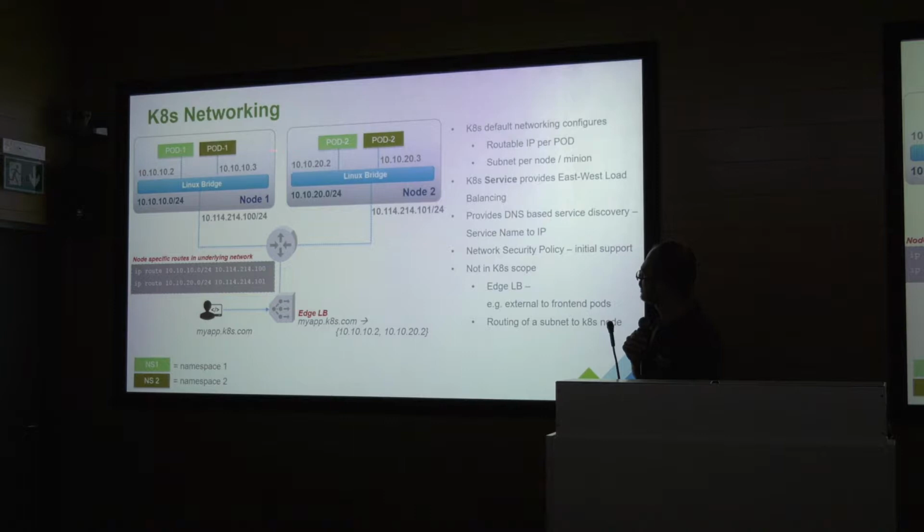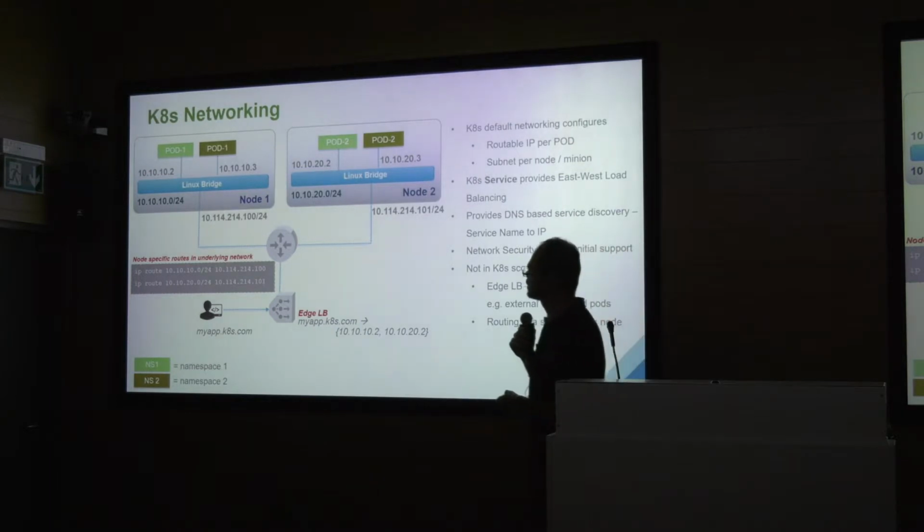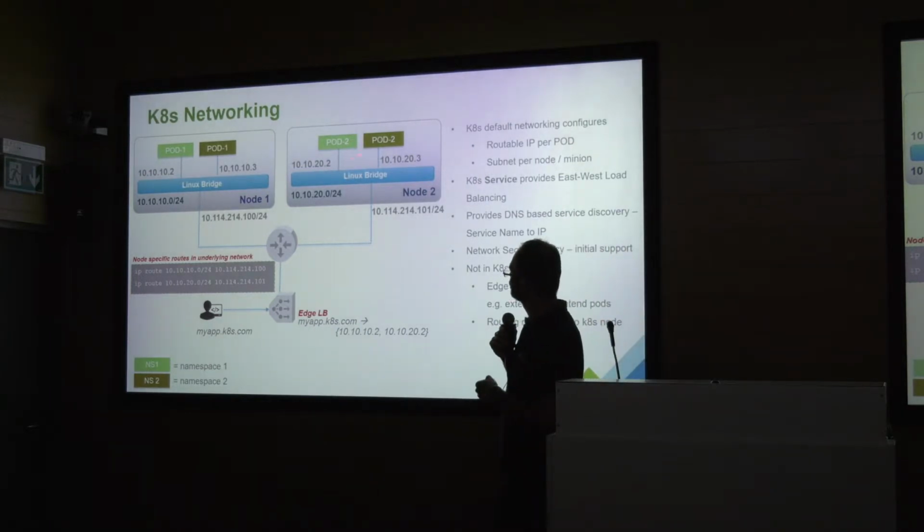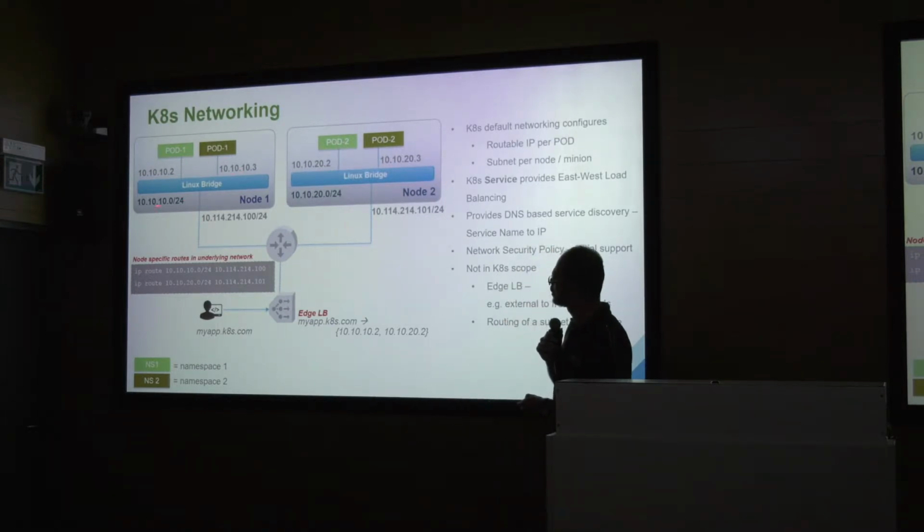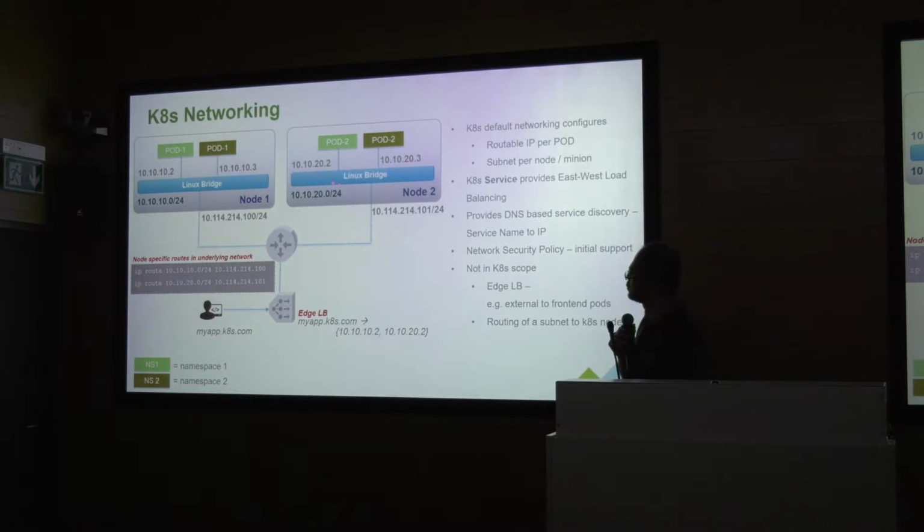And inside of this we have our pods. Here you can see some different namespaces, and here you can see exactly some of the first challenges. We have an IP network which is allocated to a single node: here is 10.10.10/24, and here is 10.10.20/24. However, the border between these two nodes is not in line with the border between namespaces.